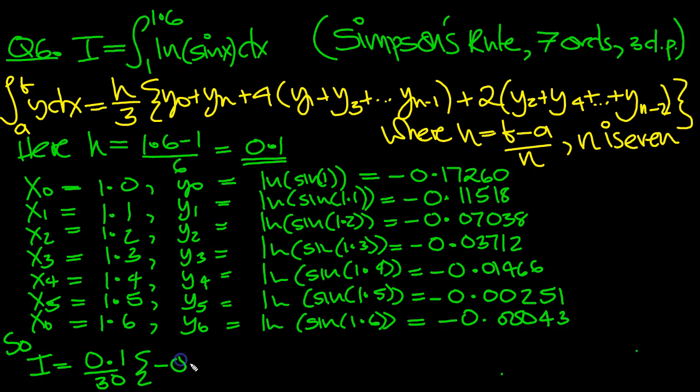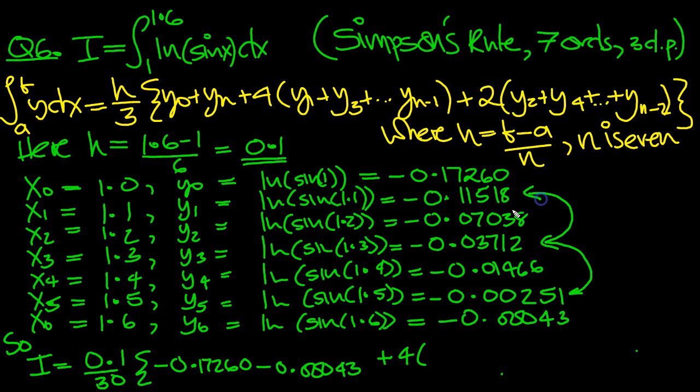So that's minus 0.17260 and another minus 0.00043, plus 4 times all of the odds. There's an odd one, there's an odd one, and there's an odd one. So it's these three numbers added together. They're all minuses.